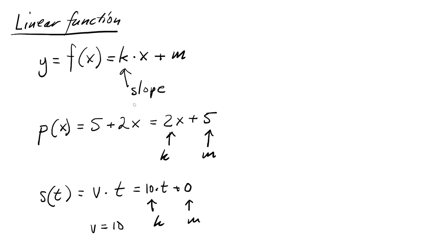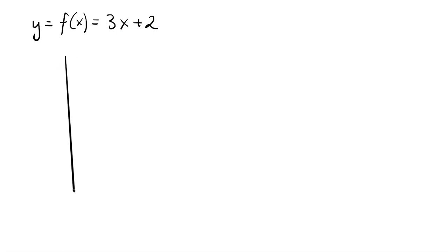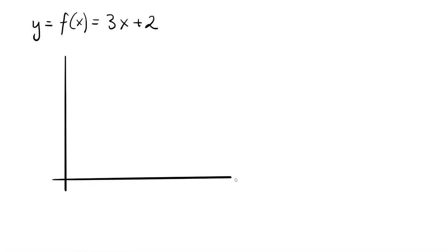So why do we call it that? Let us draw a linear function in a curve diagram. So now we want to draw the graph of the following function. And this is now a linear function. So how does it look if we put it into a coordinate system, a curve diagram?